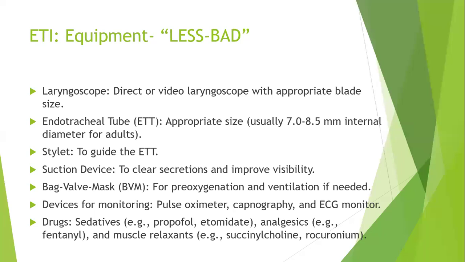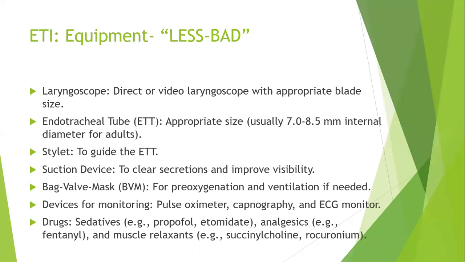Stylet to guide the ETT. Don't forget that you do not have a controlled environment, so you need a stylet. Suction device: most of these patients have secretions, and you want to be able to have a suction device to clear and improve visibility. Bag valve mask is important for pre-oxygenation and ventilation when needed.